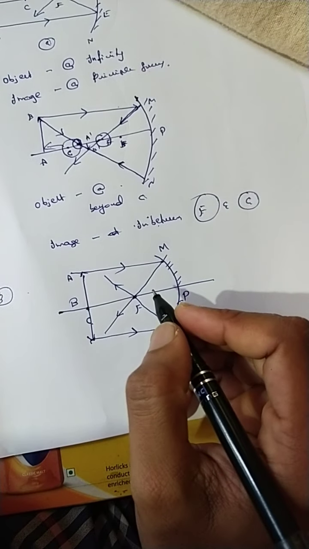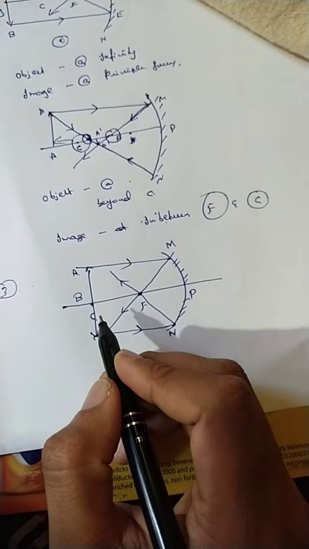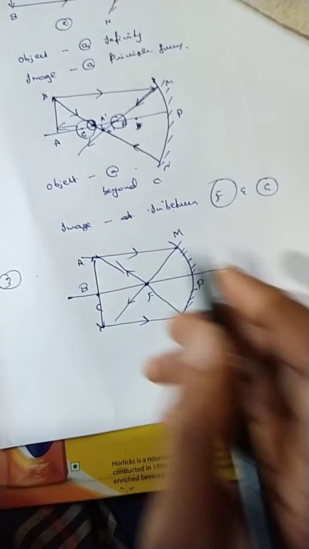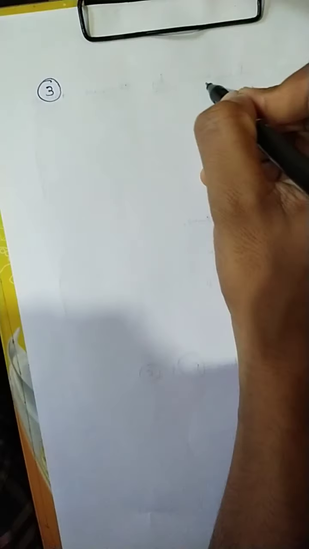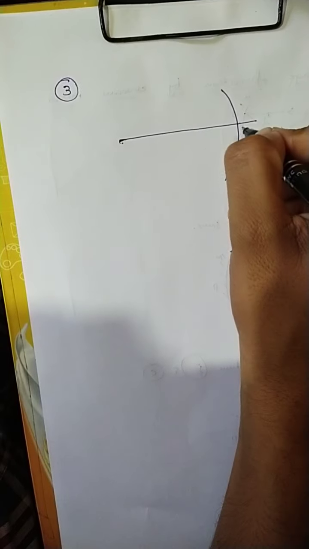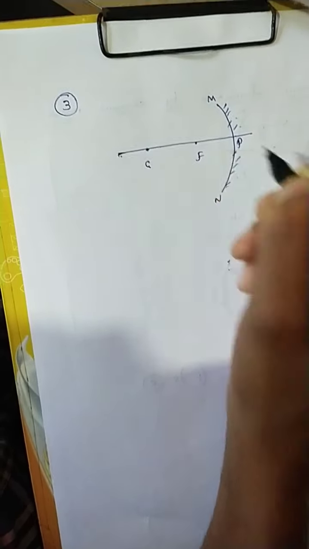I will draw the third diagram here. Concave mirror, principal axis, center of the spherical mirror, mirror MN, center of curvature, principal focus.